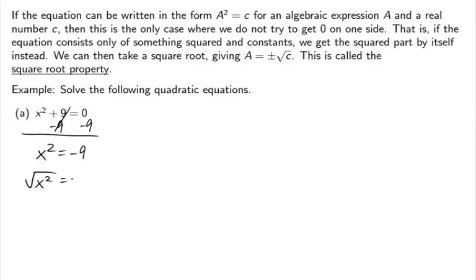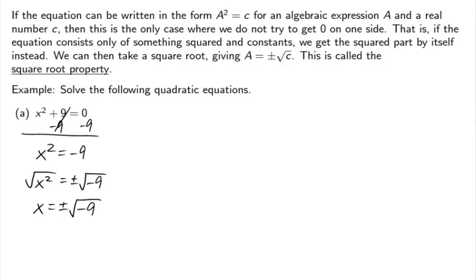And again, when I do that, I must have a plus or minus whenever I take the square root of both sides. That leaves me with just an x on the left side, and plus or minus the square root of negative 9. However, so far in this course, we have just said that it is not possible to take the square root of a negative number.